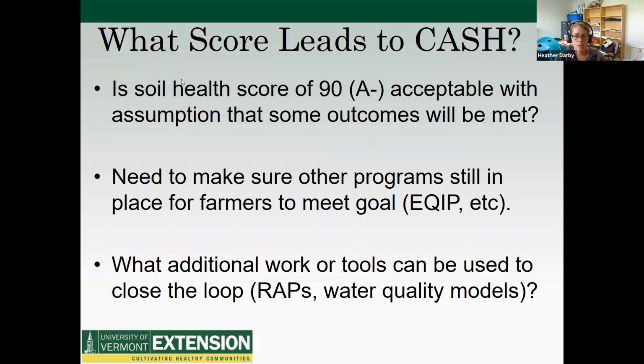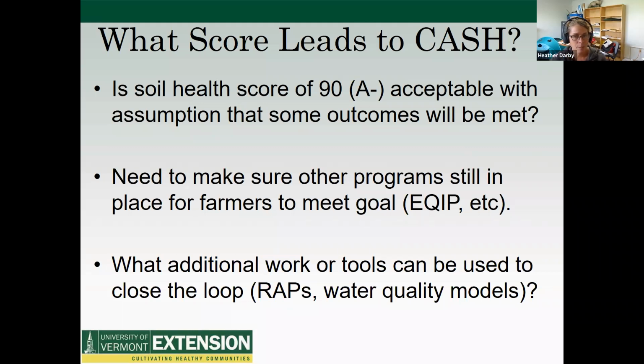So what score leads to a payment for PES? And I just kind of mentioned this. Personally, I think farmers should have to score green in all of the categories and all the indicators to be able to maybe assume that our water quality outcomes are being met.